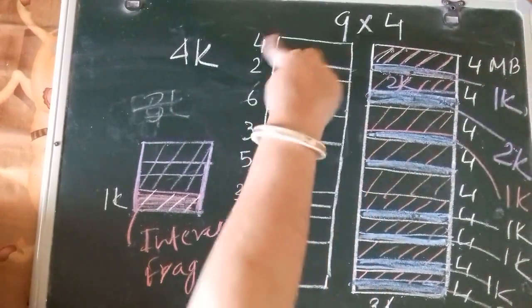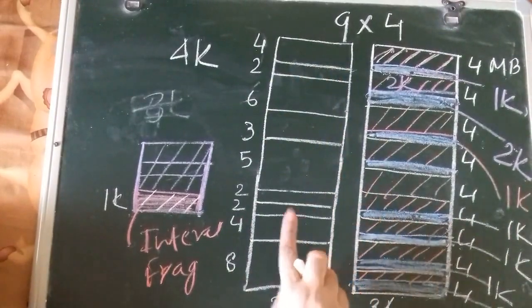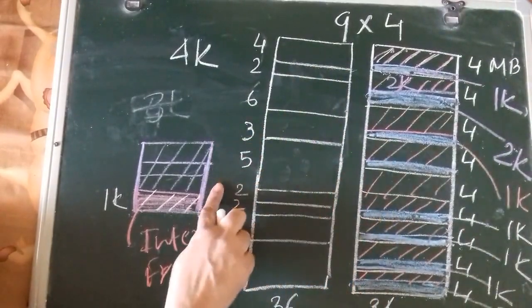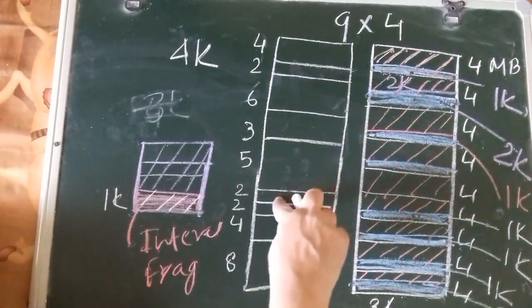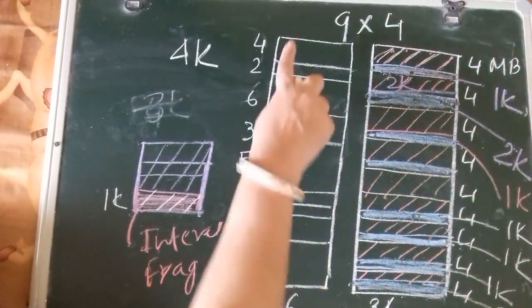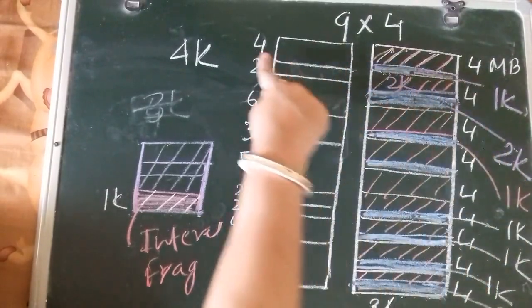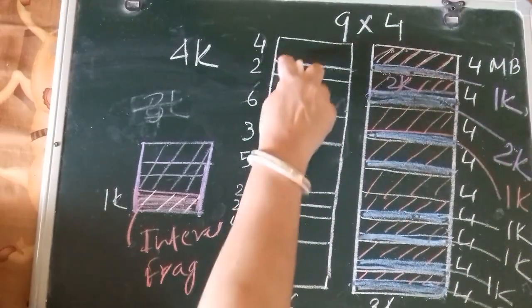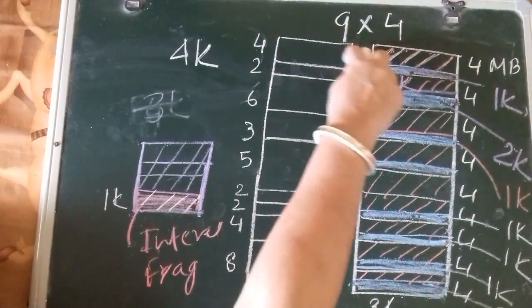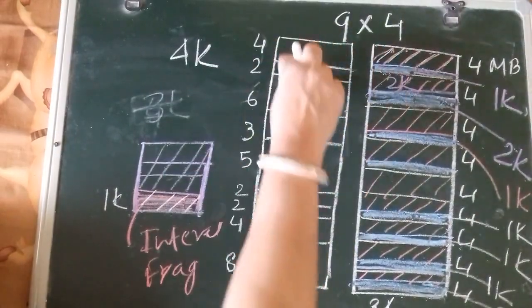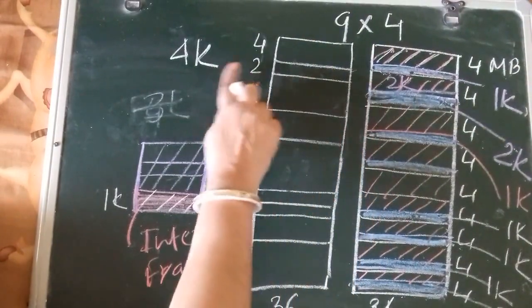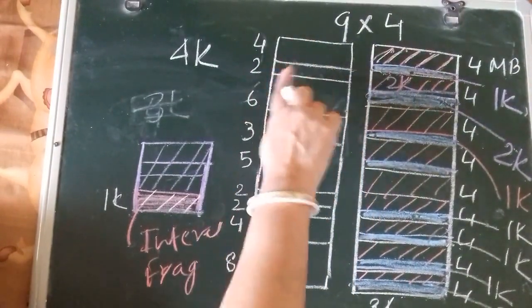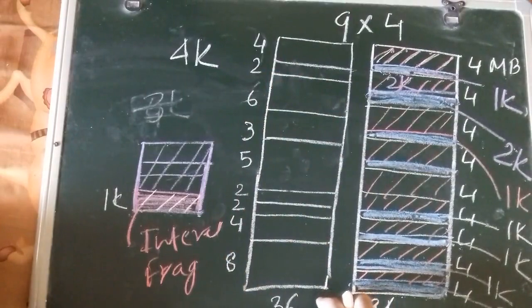You may ask why I have divided it like that. The advantage is that if a 2K process enters the system, you can put it here. But if this is a fixed partition, waste is more, because the 2K process will occupy and 2K will be wasted. Whereas with a variable partition, where partition sizes are different, I can accommodate the 2K process here to minimize internal fragmentation.